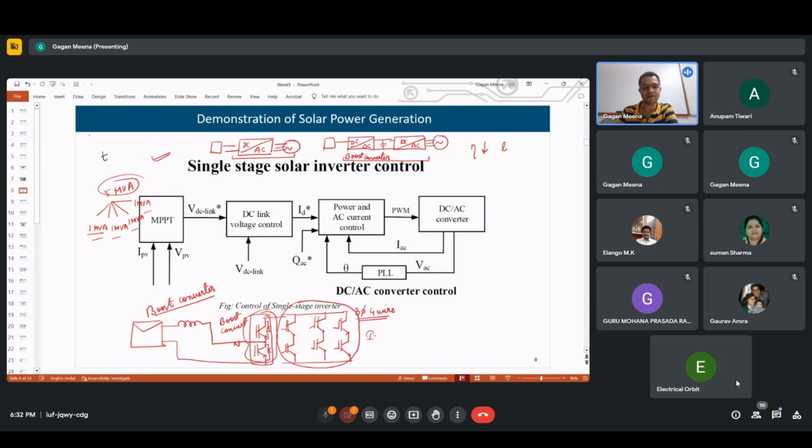And three-phase inverters are an example of this. So which one is not correct here? B is correct, A is correct. It is D. D is not correct.